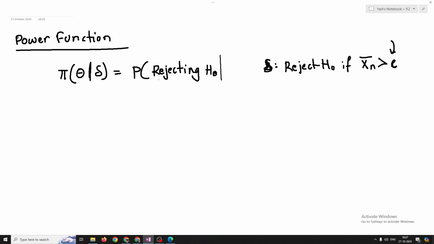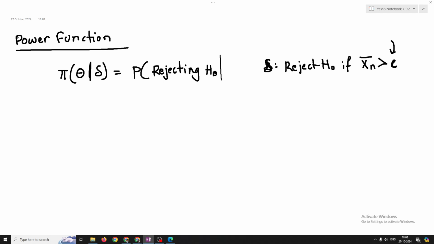Now, when we are trying to calculate the probability of rejecting h naught, we are calculating a probability, right? And we cannot calculate the probability without assuming some parameter. This is going to be clear when we do an example, but I'm just talking about the concept that we cannot calculate or write that expression without assuming theta to be something.